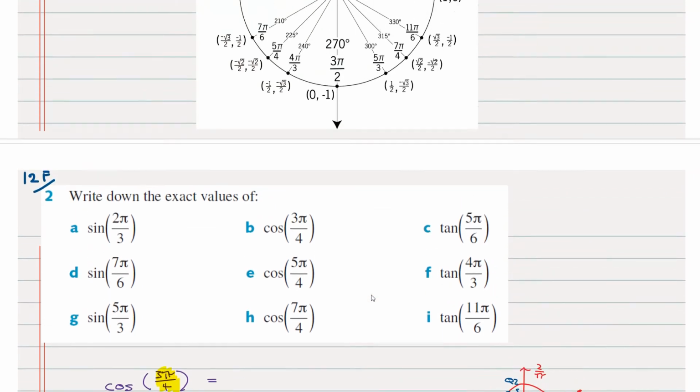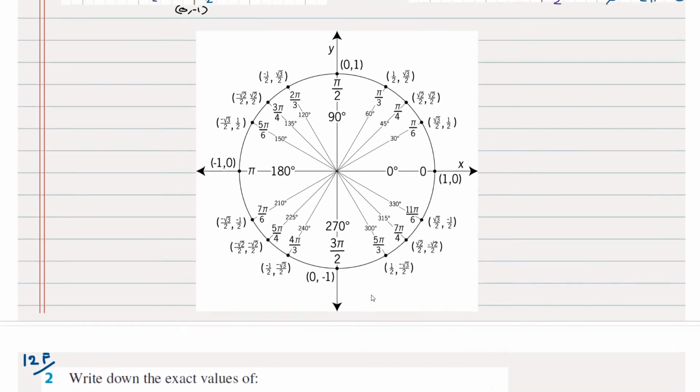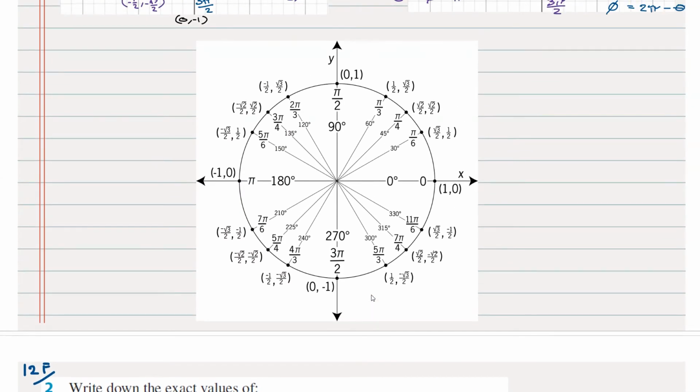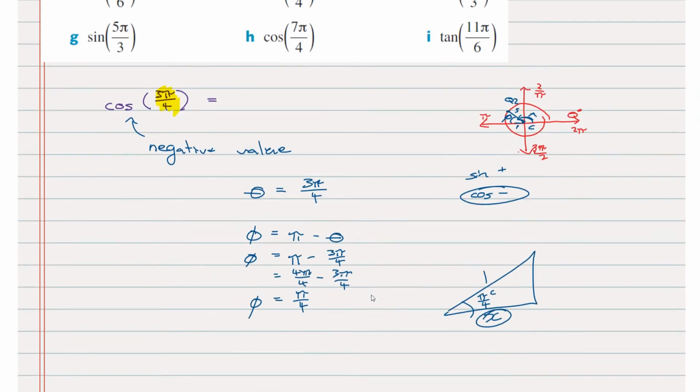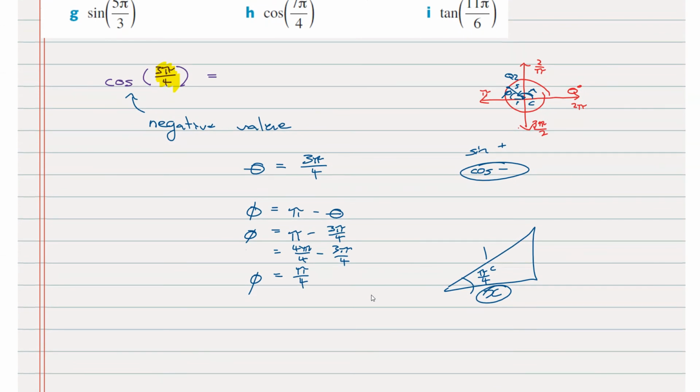So what we can do is we can go up to our beautiful triangle here, look for pi on 4, which is this guy up here, and then we can grab the cosine, so that one there. So it's root 2 over 2. So what I can say is, firstly, I can just dump root 2 over 2 there, and remember, we're expecting a negative value, so I'll simply put a negative in front.